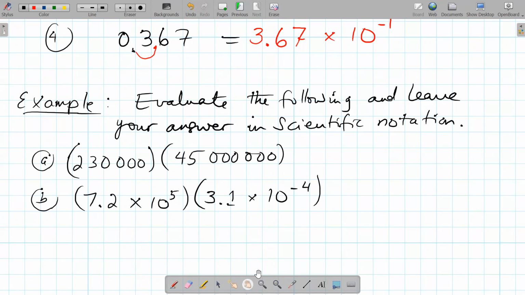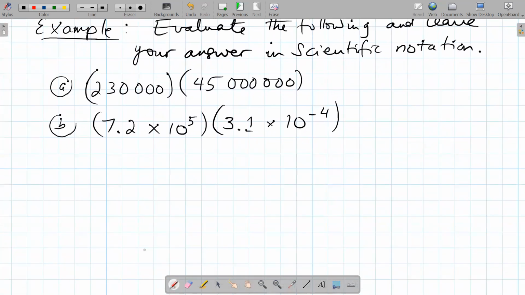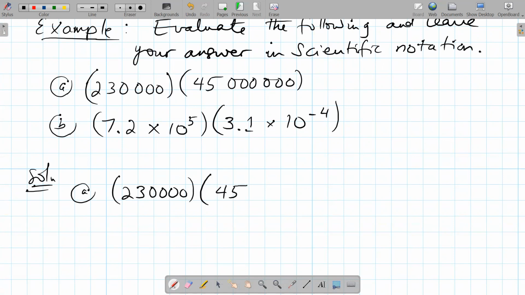So let's look at these two examples. The first one is 230,000 times 45,000,000.